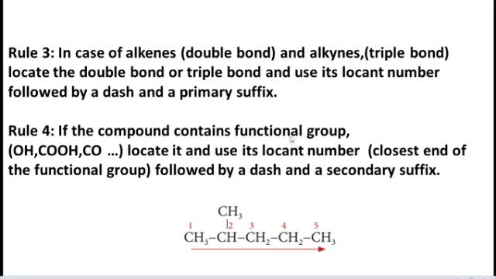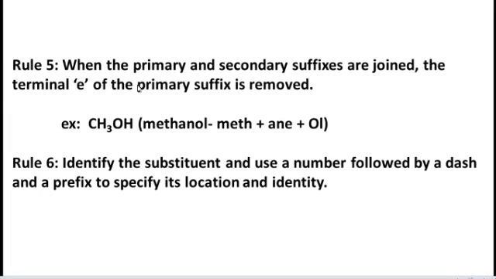If the compound contains a functional group, locate it and use its locant number, that is the closest end to the functional group or nearby the branch, followed by a dash and a secondary suffix. And then rule 5: when the primary and secondary suffixes are joined, the terminal E of the primary suffix is removed.